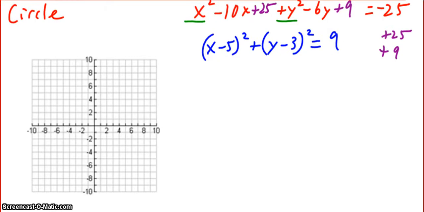So I know that I have a center at 5, 3. And a radius of 3, since the radius squared is 9. And then we draw a perfect circle.